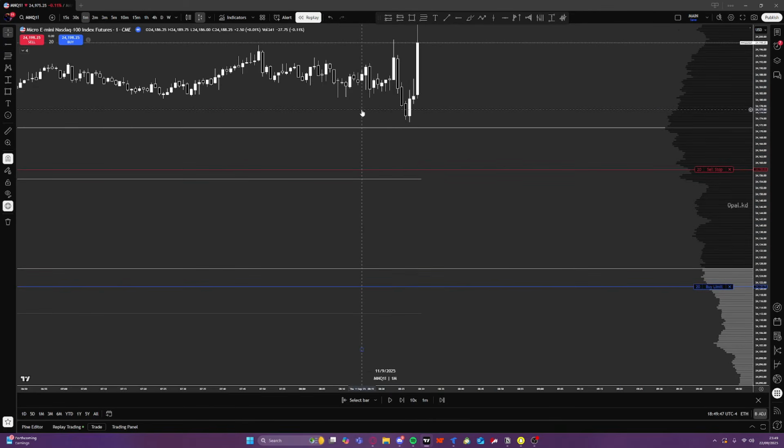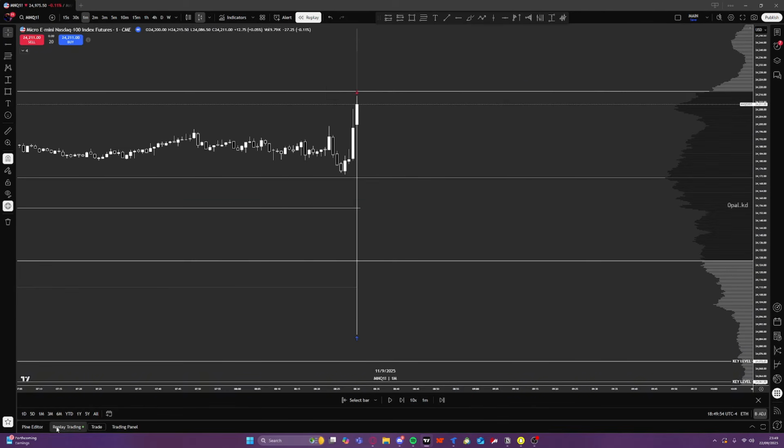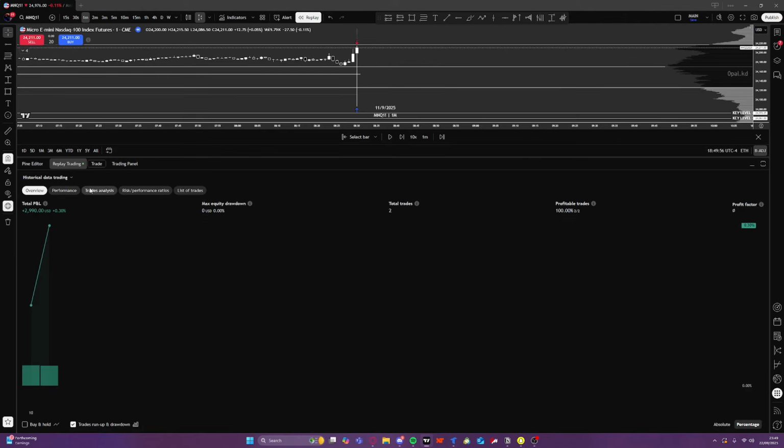Let's get rid of all this. Next candle, bang. And there you go. Okay, maybe I might have missed out something, a point, but there you go.